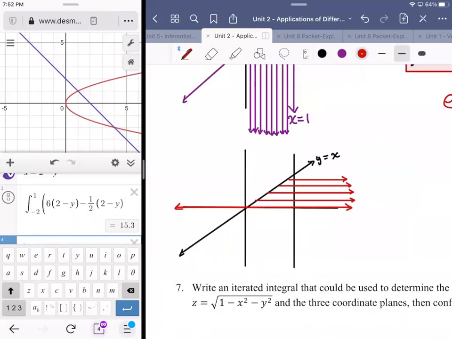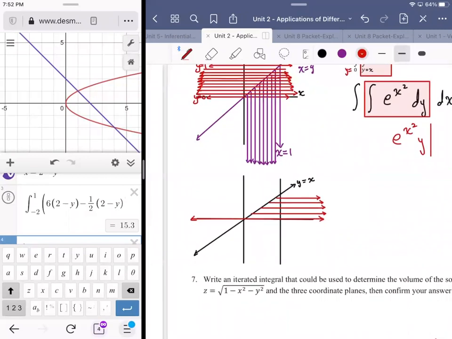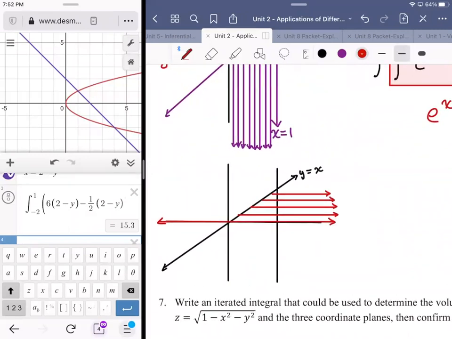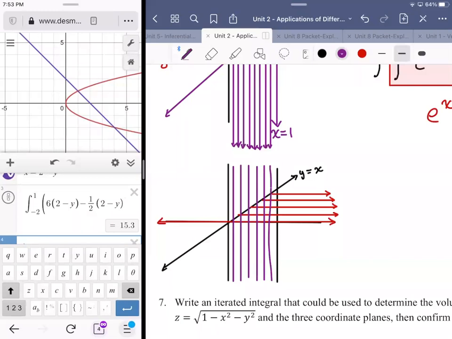It's sort of cheating a little bit, all right? But then in terms of the x values, we're going from 0 to 1 without restriction. It's still going to cover the same region. It's just going to be in a slightly different way.